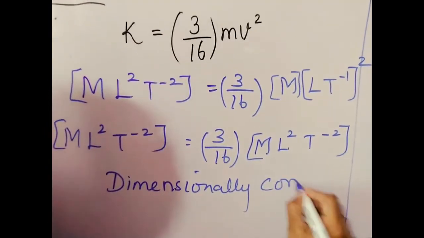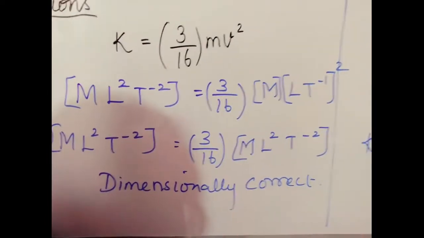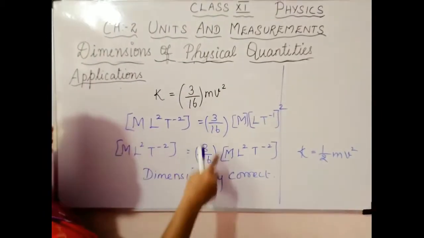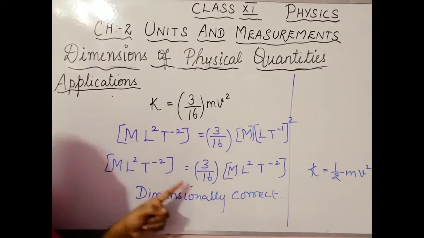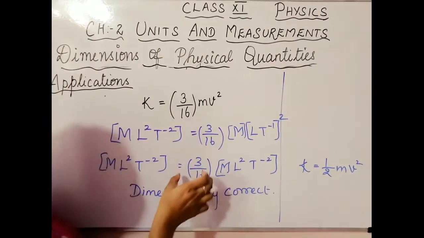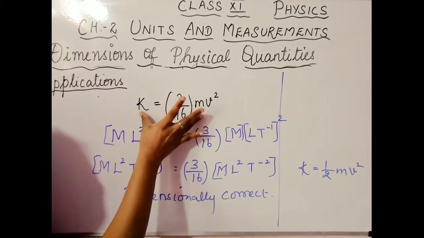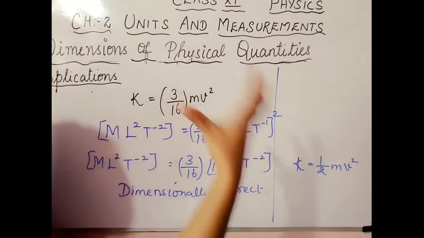Dimensionally correct. But you see that we have studied kinetic energy is equal to half mv square, but here the constant is 3 by 16. So this is one of the drawbacks of dimensional analysis. To find out the exact correctness of the value, you have to go for the formula, that is K is equal to half mv square.